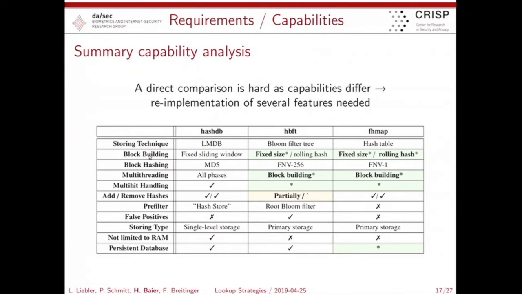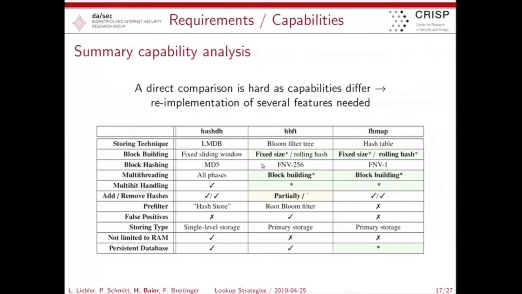And the semantics is as follows. If a cell is green, then originally this was not part of this concept, but we successfully provided a concept and implemented it. For the block building, this was not really complicated because we used it for our different approximate matching approaches.